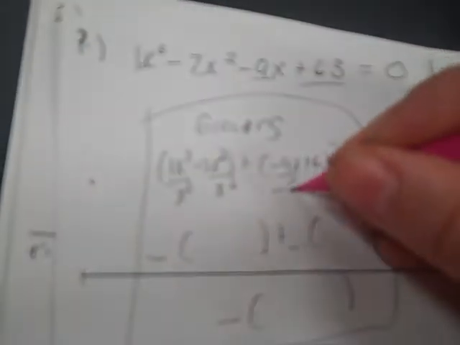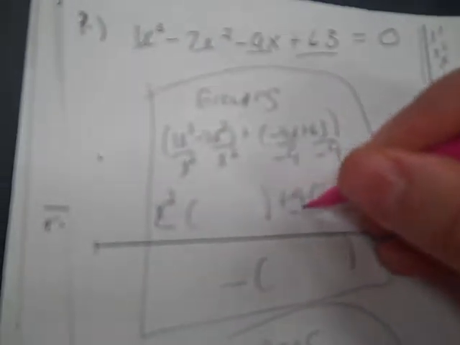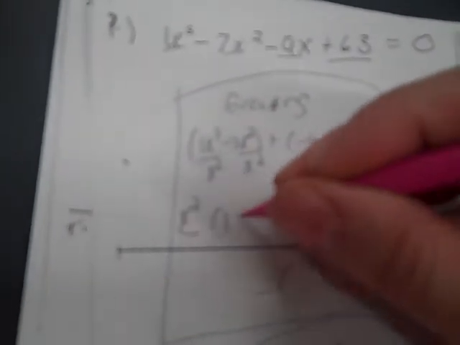And if I need my GCF calculator, I'm going to go to 9 and 63. Okay. So 9 comma 63, and that tells me I should be dividing by 9. So negative 9. Okay, so x seconds out, negative 9's out. And that's going to be 1x minus 7 and 1x minus 7.